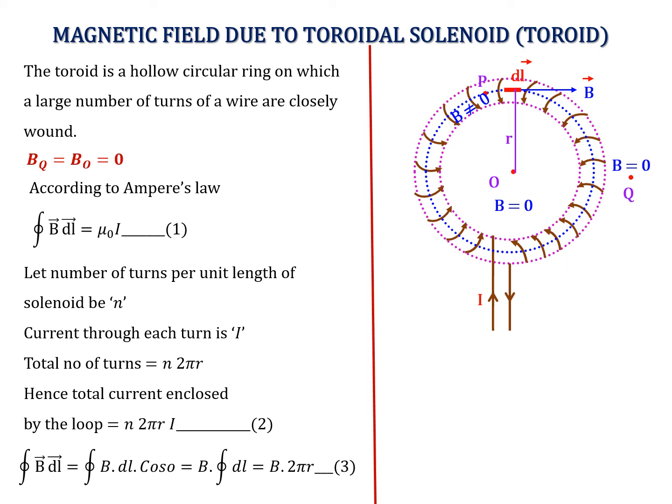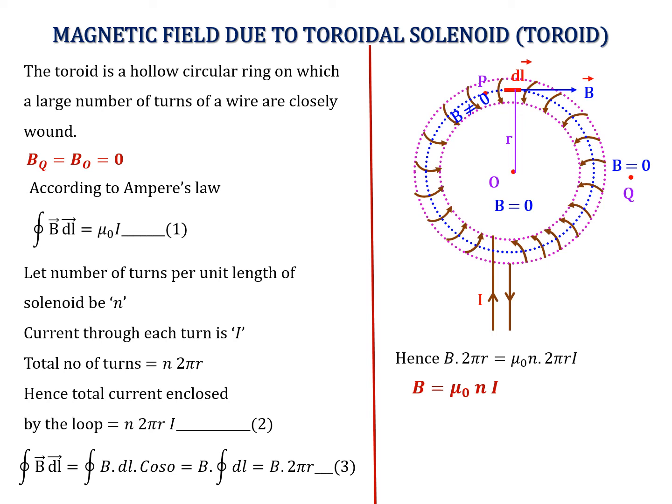We substitute the value of total current and the integral of B dot dl in equation 1. The result is B into 2 pi r is equal to mu naught n into 2 pi r into the current I. 2 pi r cancels out, and the result is B is equal to mu naught n I.